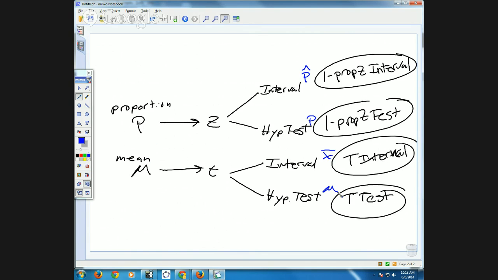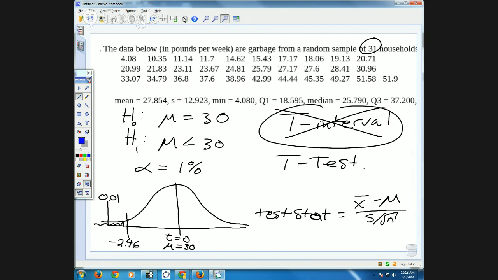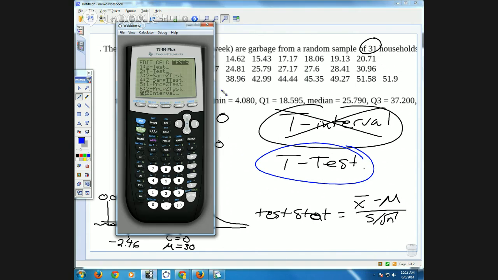Okay, so let's go back and do the right calculator button. We are doing a t-test on the calculator because this is a hypothesis test. Okay, so null hypothesis is what here? 30, yeah. X bar is the data.